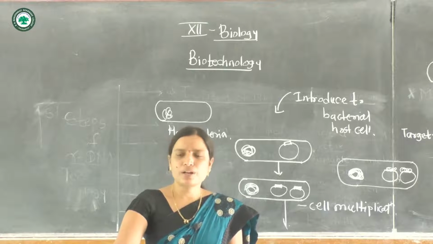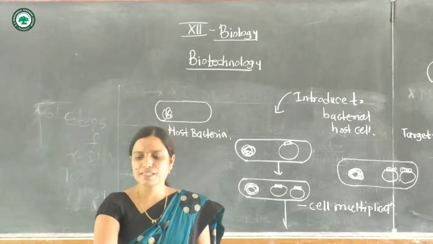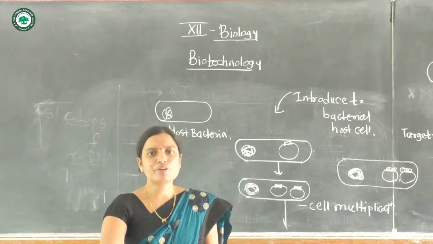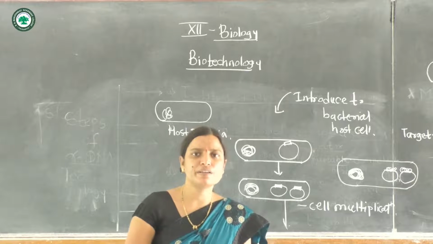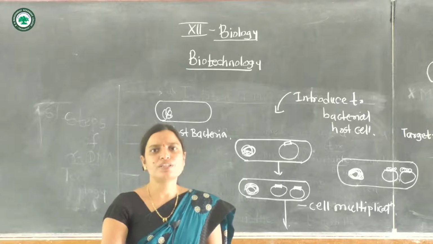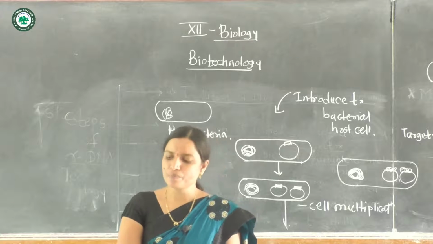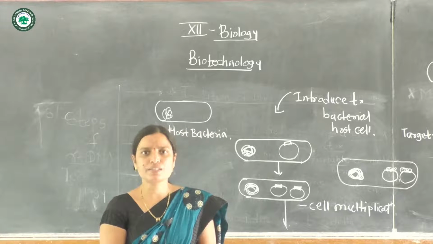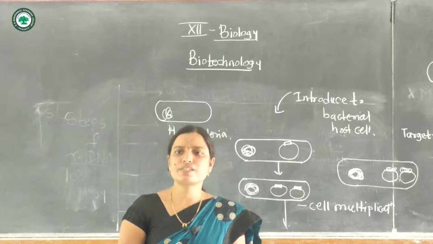E. coli bacterium and also Agrobacterium tumefaciens are used. Now these are the competent host cells utilized for the transfer of genetic material, and the origin DNA can also be transferred directly into the naked cells or protoplasts of the competent host cell.